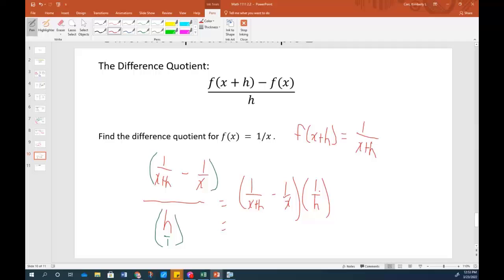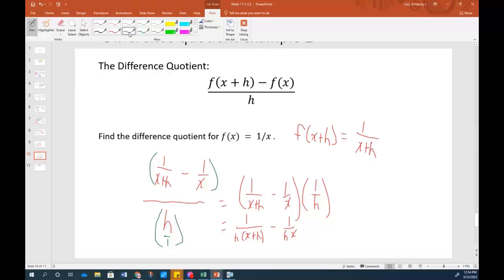I'm going to do that going down. 1 over h times this would be 1 over h times x plus h. And I could have distributed that on the bottom, but that's not going to help me get a common denominator. And then 1 over x times 1 over h will be 1 over hx. So I've sent that into both of them.